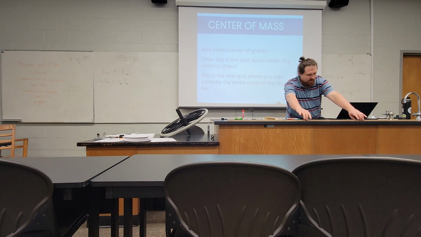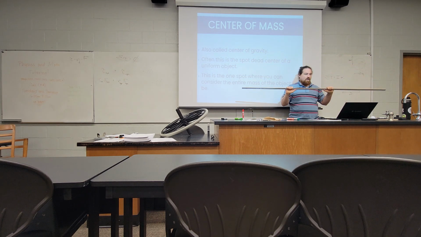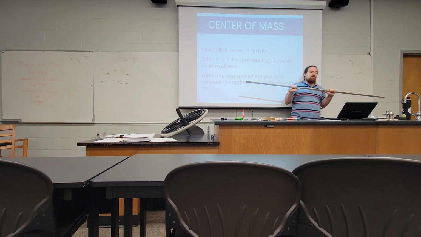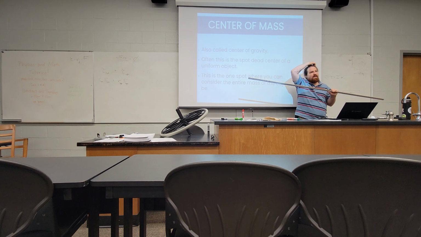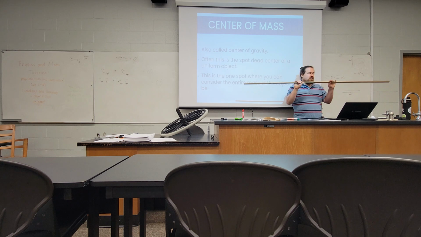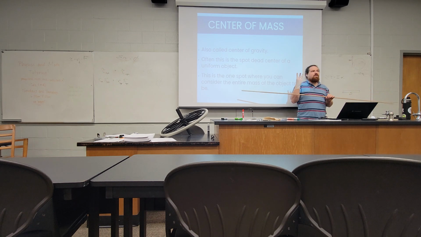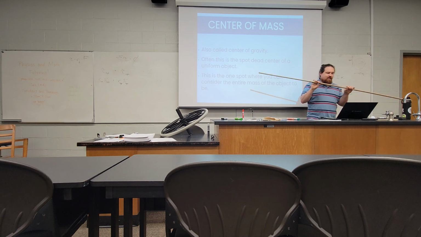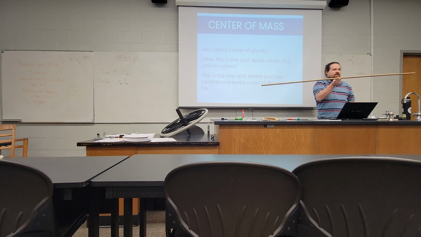To try to demonstrate this, I have here a 2-meter stick. This one's 2 meters long. And as long as an object is uniform, which is to say made of a single material, there's not a hole in it or anything like that, it's not a weird shape, as long as it's made of one solid material, not damaged, and is a standard geometric shape usually, the center of mass is usually going to be dead center of that object, which makes sense, it's its center.